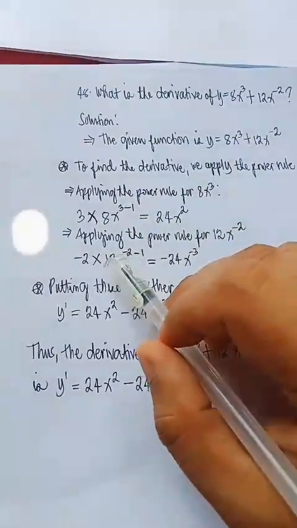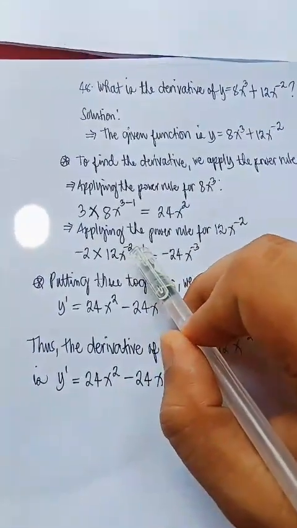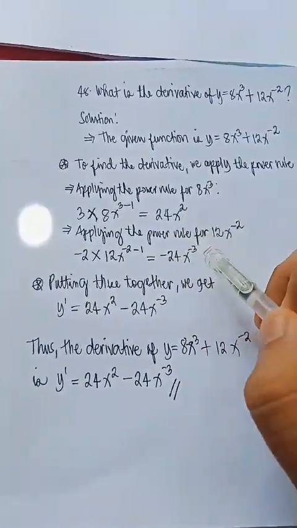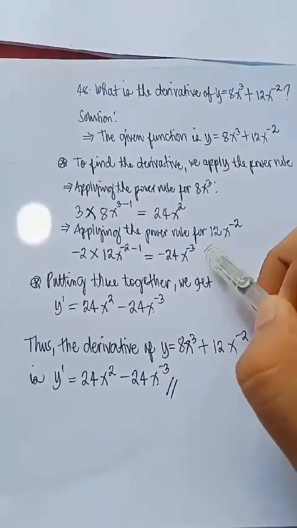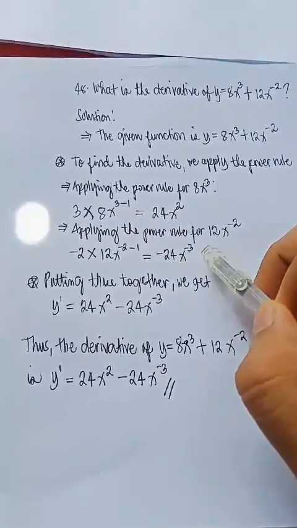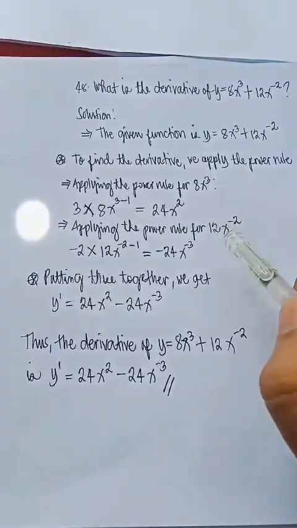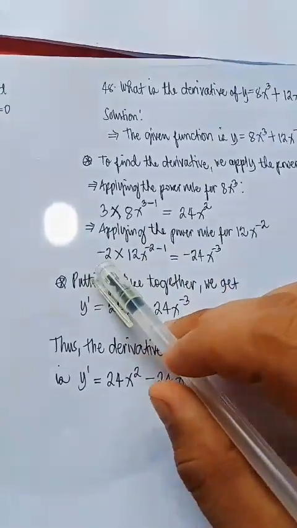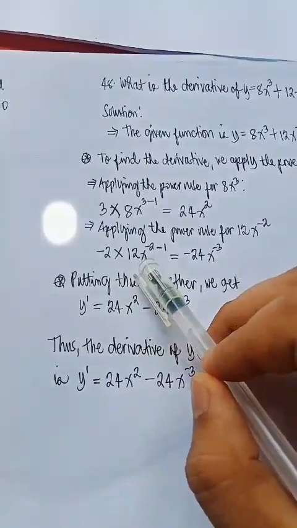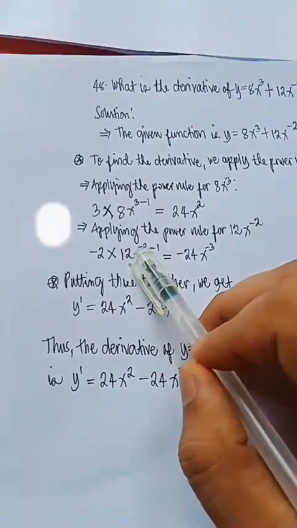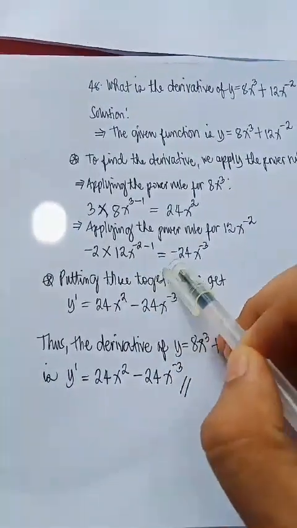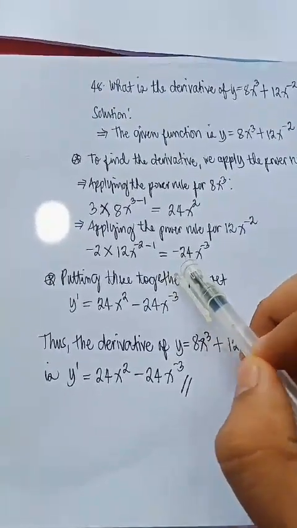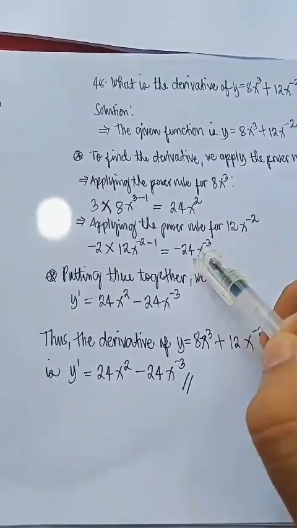Now, applying the same power rule to the other one, which is 12x raised to negative 2, this will become negative 2 times 12x raised to negative 2 minus 1, which gives us negative 24x raised to negative 3.